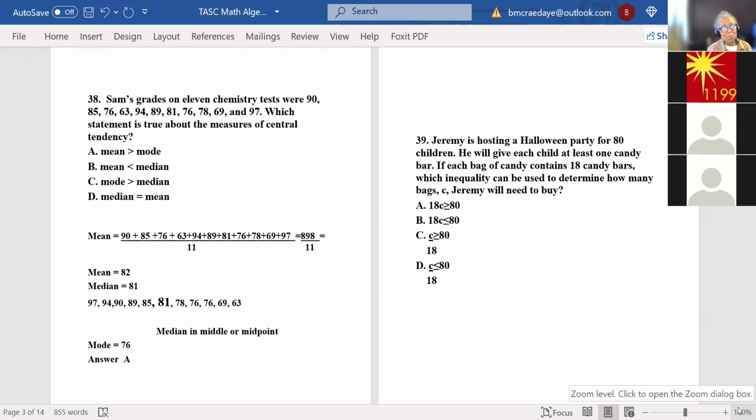At least means what? Less than? Or more than? Remember I gave you that reference sheet? What does at least mean? Look at your reference sheet.